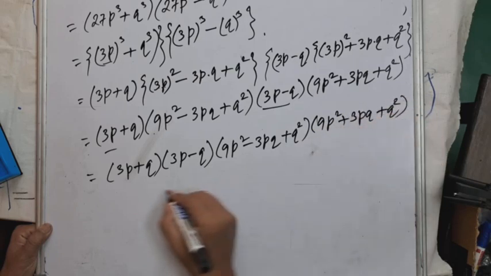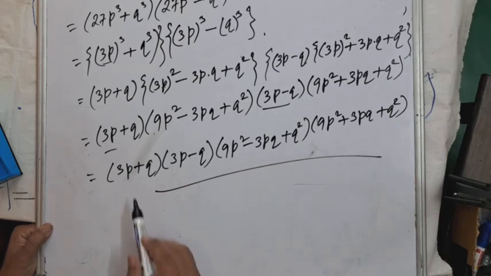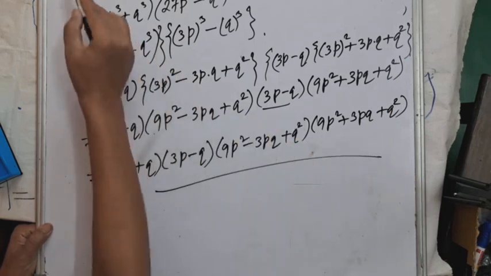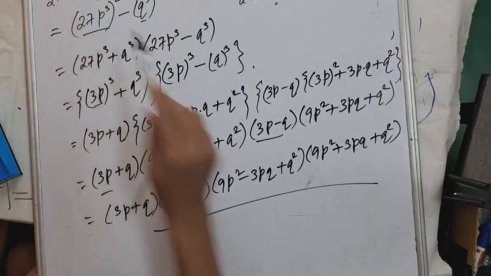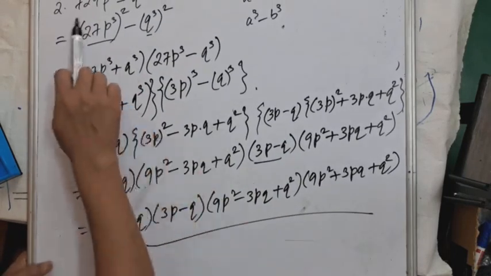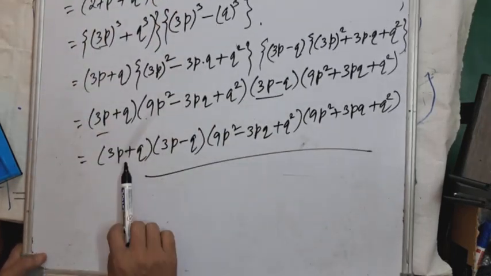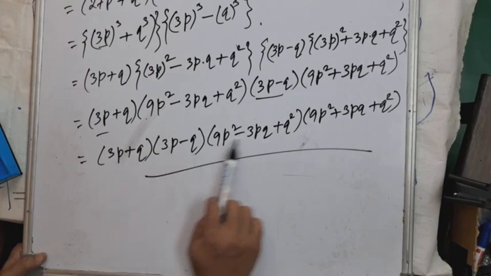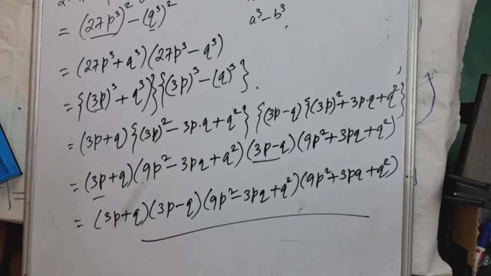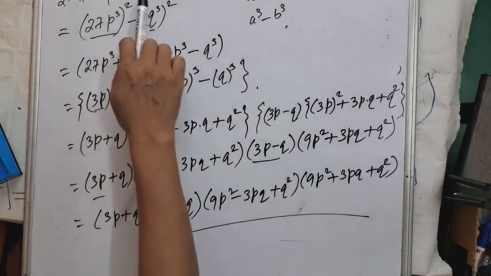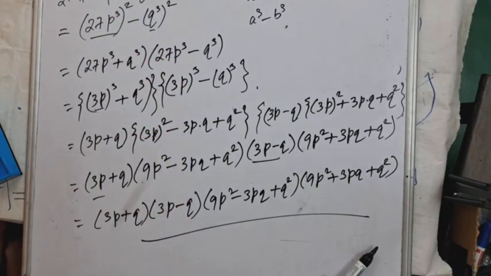Okay, so this is the answer for question number 2. These are the factors of 729 p to the power 6 minus q to the power 6. When we multiply all these expressions, we get 729 p to the power 6 minus q to the power 6. Now let's do question number 3.